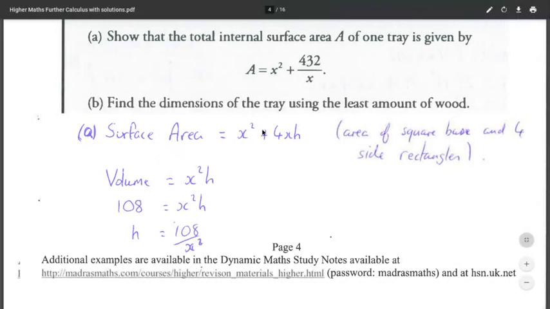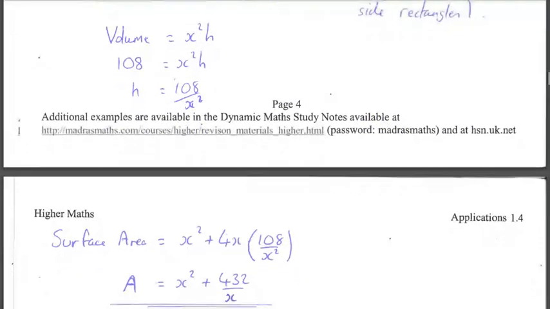Now I'm looking thinking, there's no h in the answer that they want us to get. However, both of these equations have an h in it. If I can rearrange this second equation to make h the subject, then I'm just going to substitute in. So let's divide through by x squared. And then just substitute in.